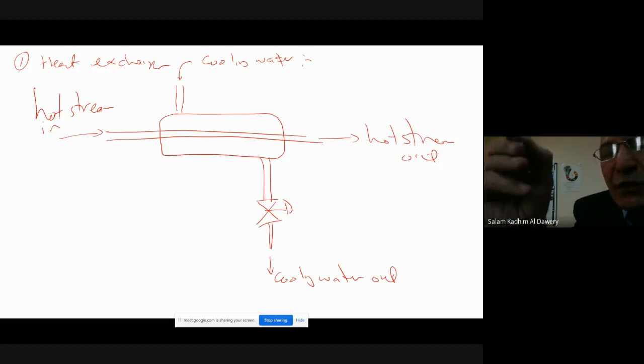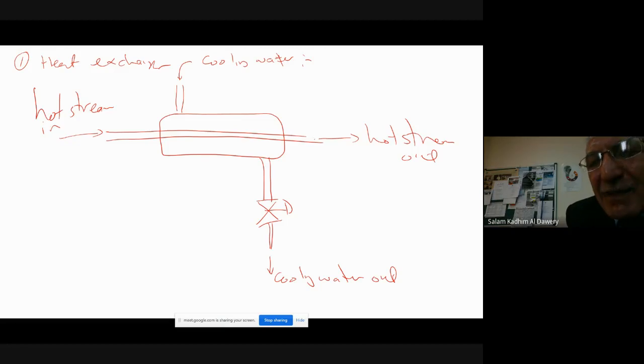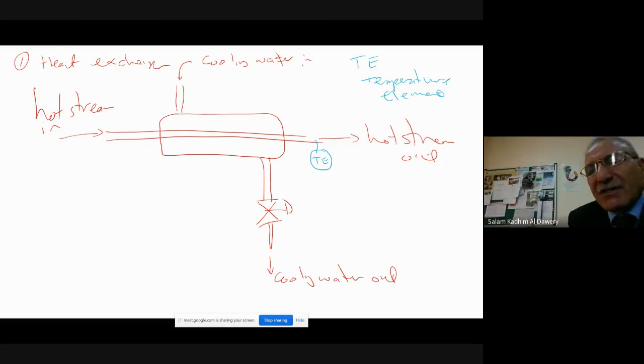So we need a temperature element, TE, the temperature sensor. It could be a piece of metal. It could be a capillary tube like in the refrigerator or in an AC.